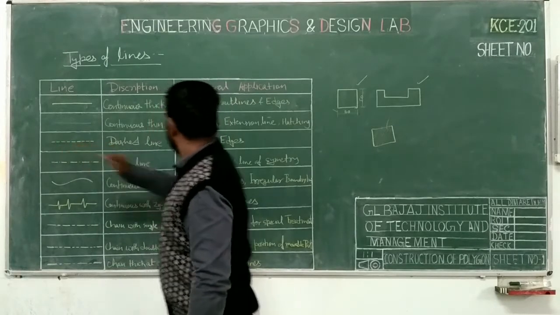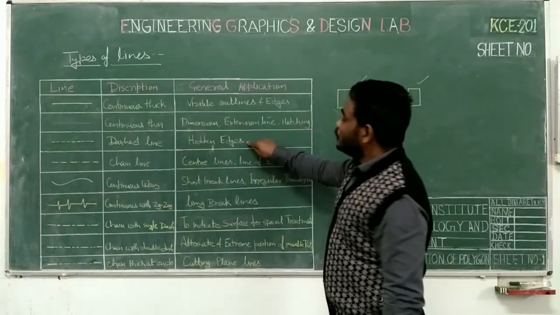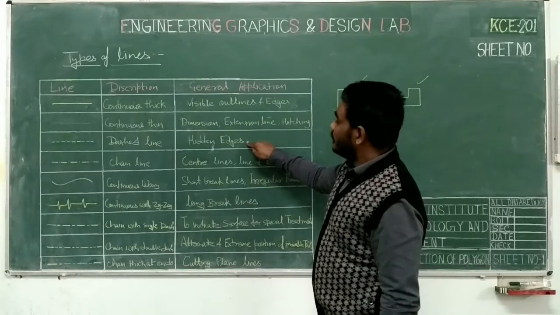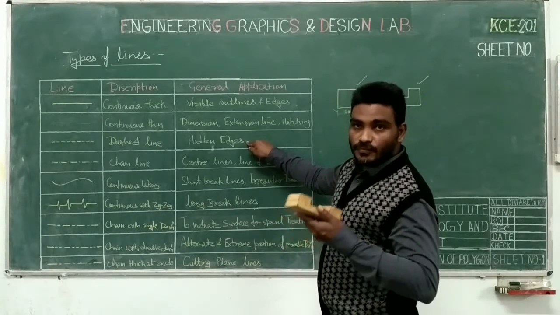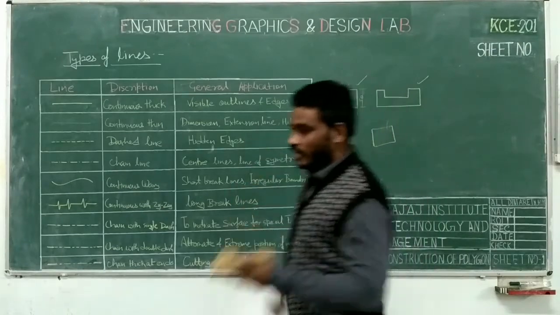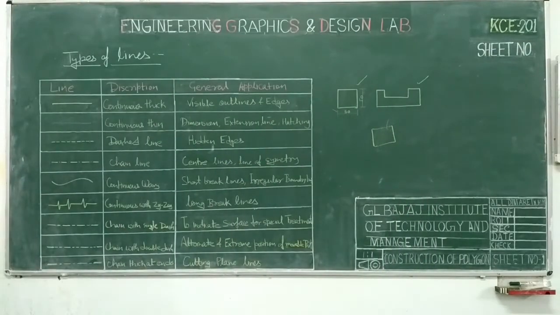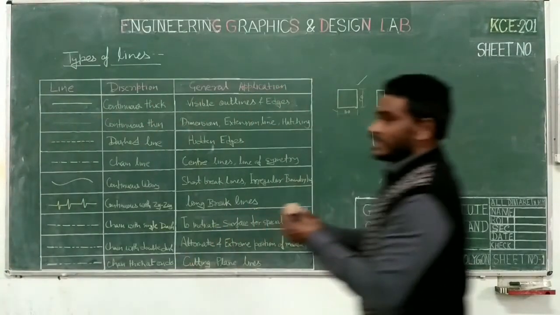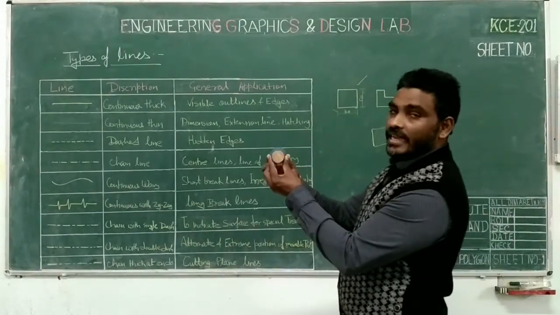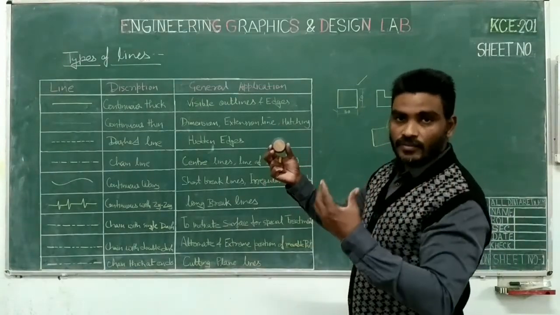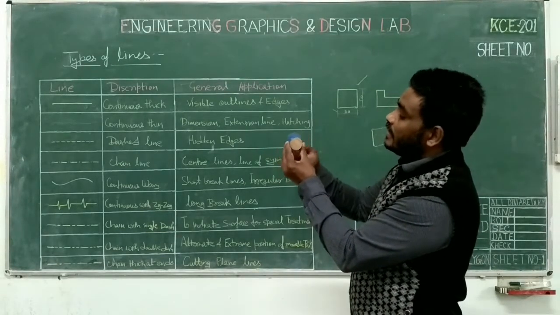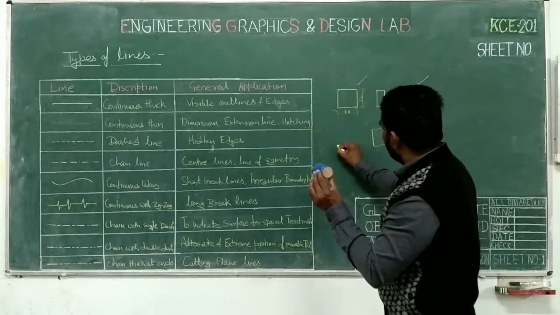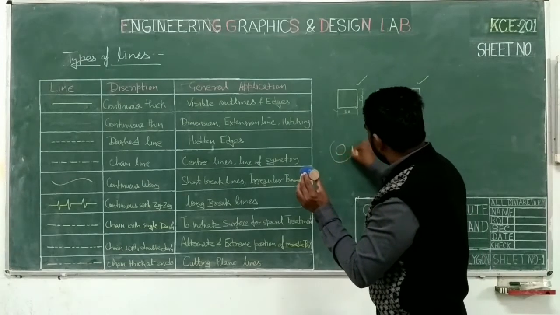This is the dashed line, and it is used to indicate the hidden edges which are not visible from the front. For example, if this is the object and we are viewing it from the front, we can see this clearly, so we draw the drawing like this.